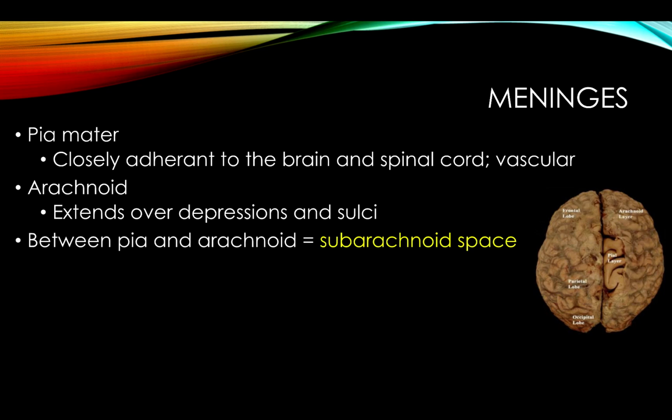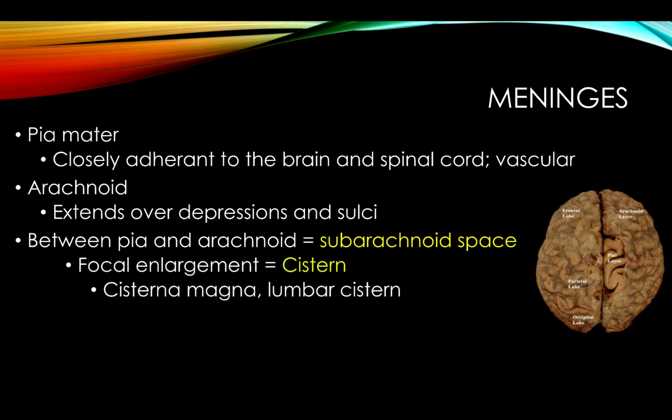So there is a space, if you were just to put your finger here and slip it underneath this arachnoid layer and resting on a gyrus, you would be in the subarachnoid space. And clinically, this is a very important space. There are areas of focal enlargement of the subarachnoid space. These are called cisterns. And there are two that are particularly important.